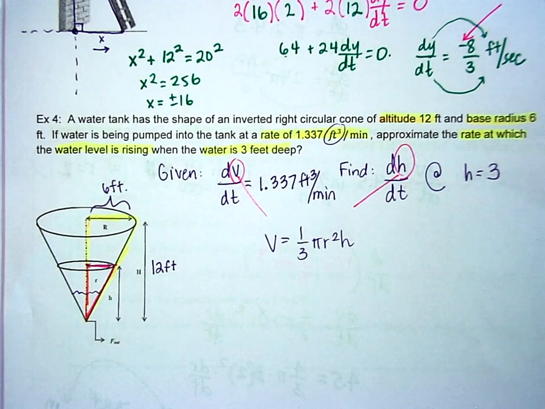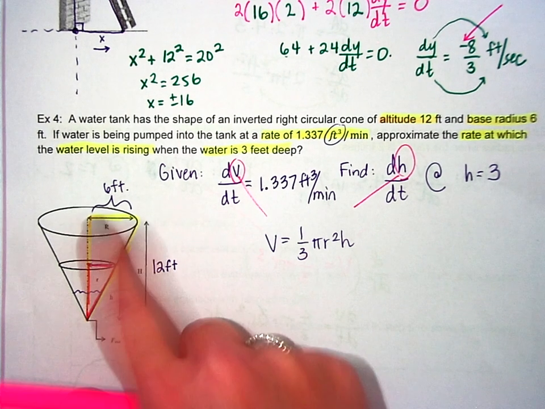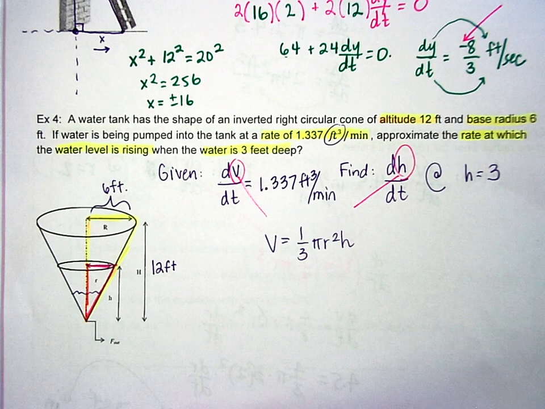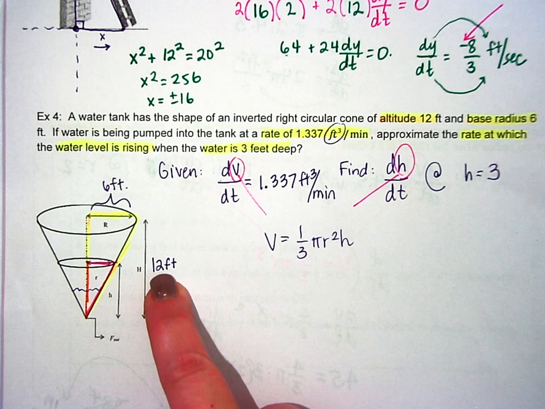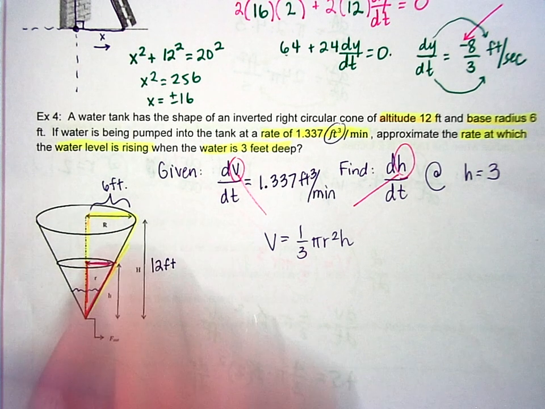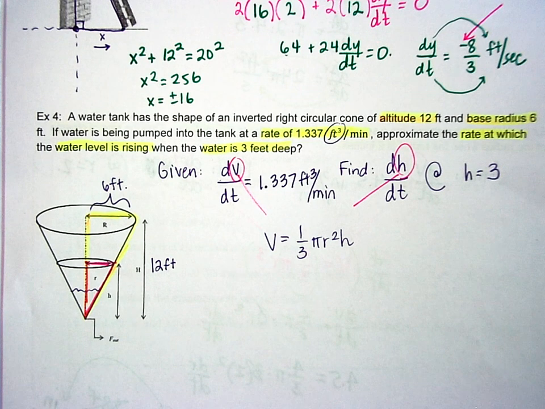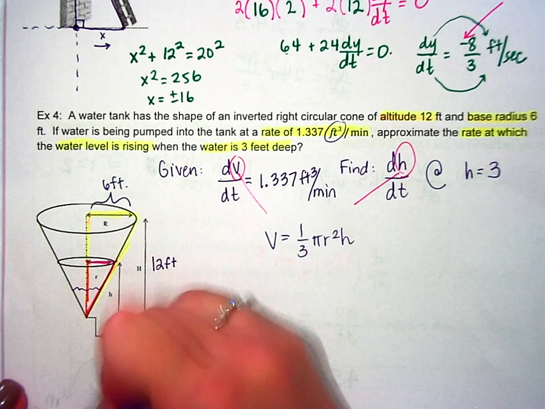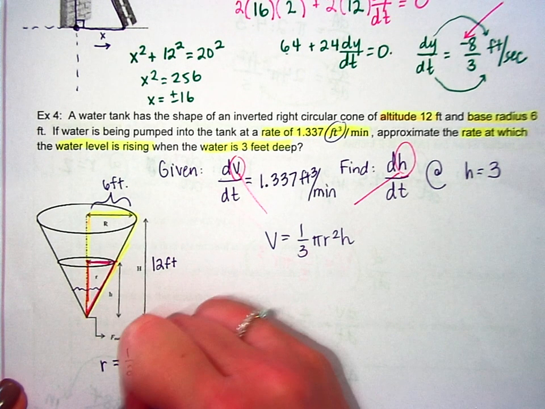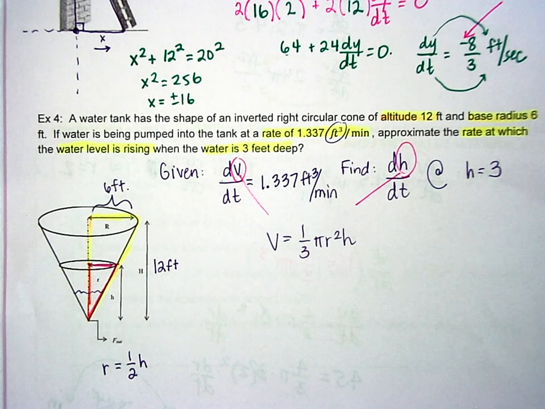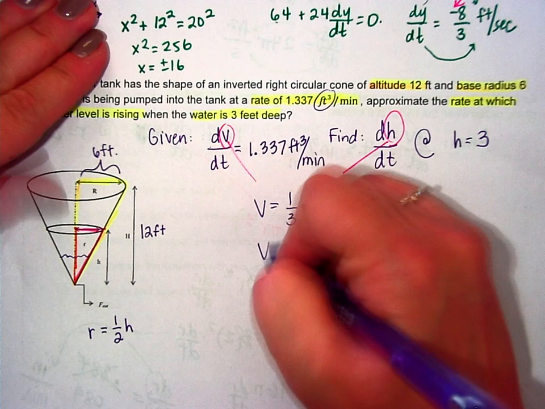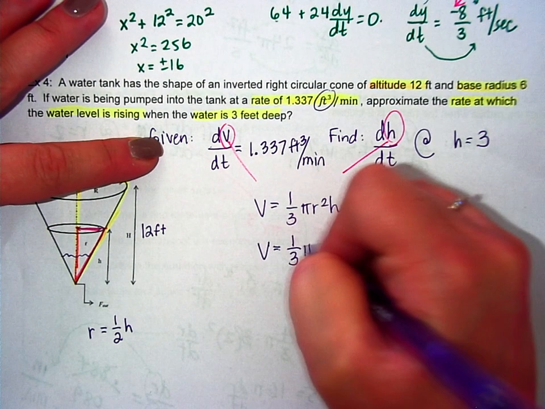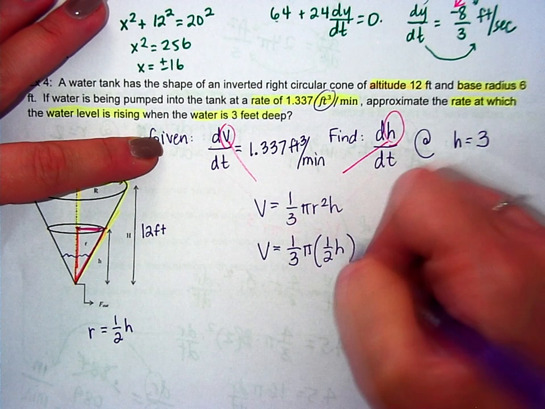So since the radius is 6 and the height of this cone overall is 12, that means every smaller level that this tank is filled up is in the same ratio, where r equals 1/2 of h, right? 6 is half of 12. So this is a little fun fact that will allow me to rewrite this equation. V equals 1/3 pi times (1/2 h) squared times h, okay? So I haven't differentiated. I have subbed out r for this value 1/2 h.